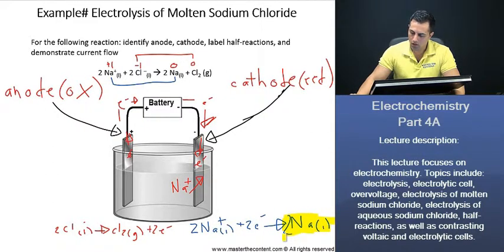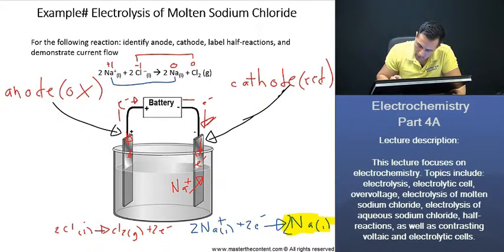Wonderful. Okay, now in the same regard, to restock the electrons that were taken by the battery here, this positive electrode is going to attract chlorine ions.